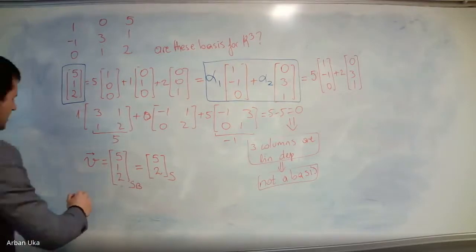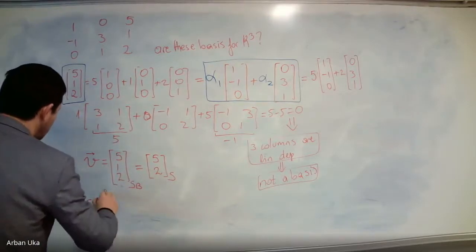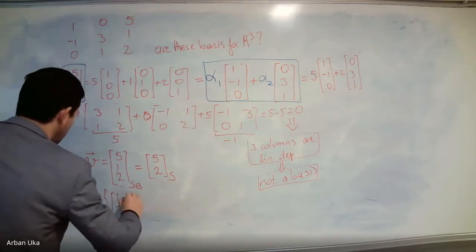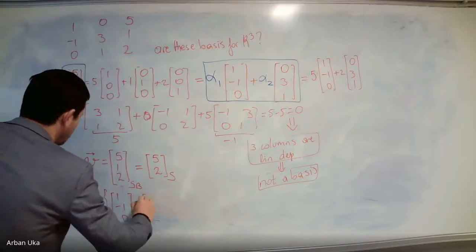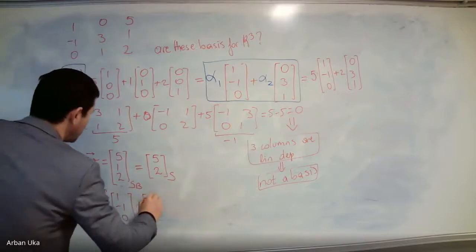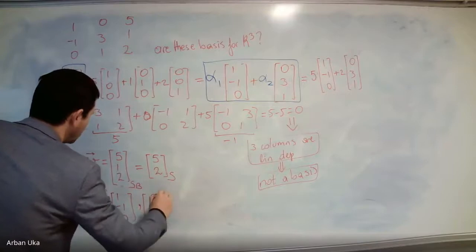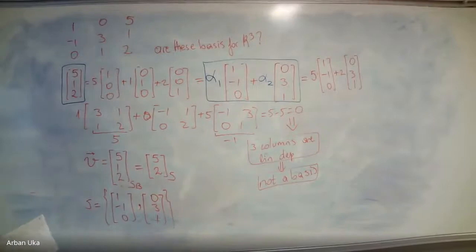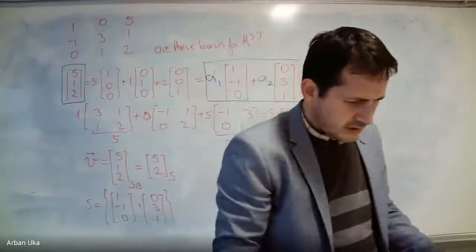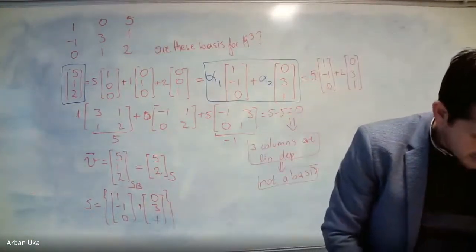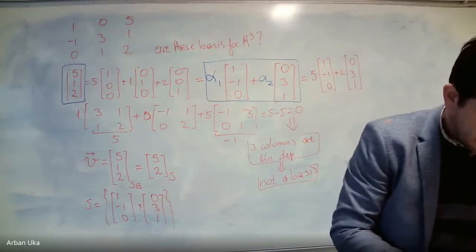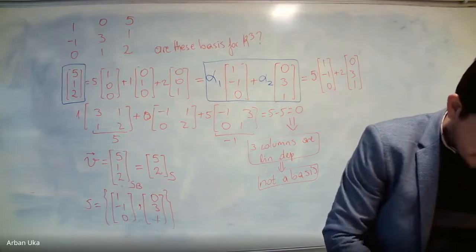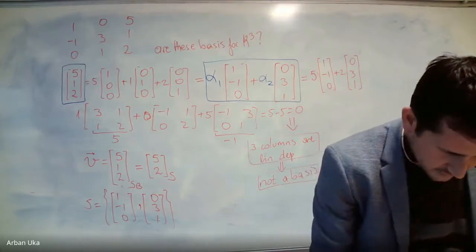Now, basis S in this case is composed of (1, -1, 0) and (0, 3, 1). Okay? So this is how we can write down the coordinates of a specific vector on a certain basis.